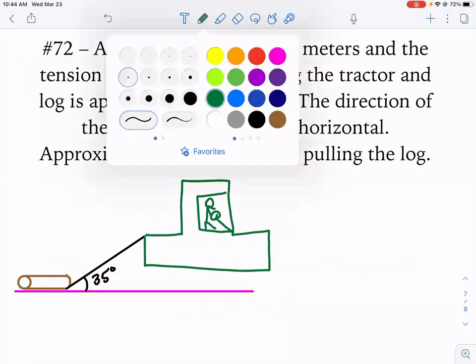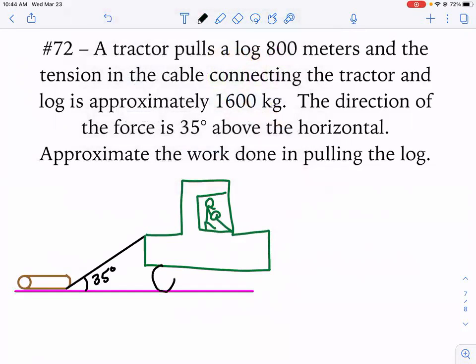These are big old wheels. That's way too small. Draw a little rectangle. At least the back ones are huge. It's just a picture.